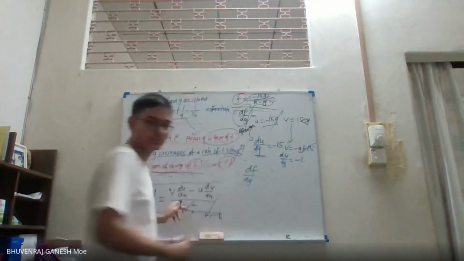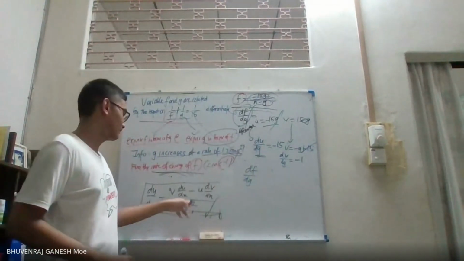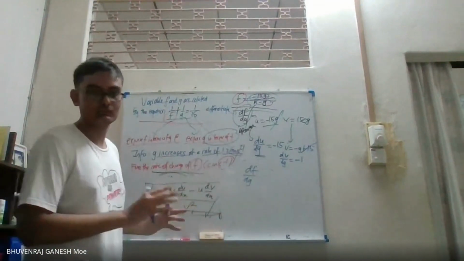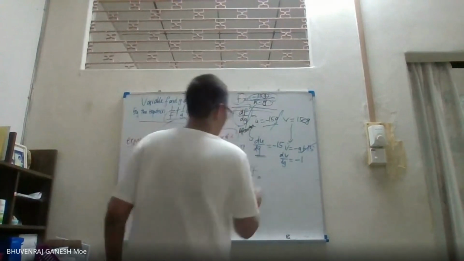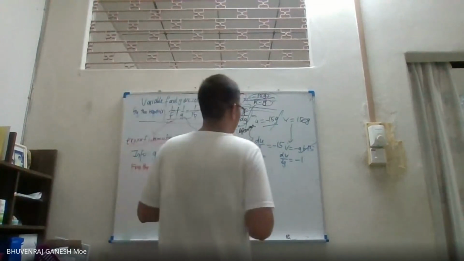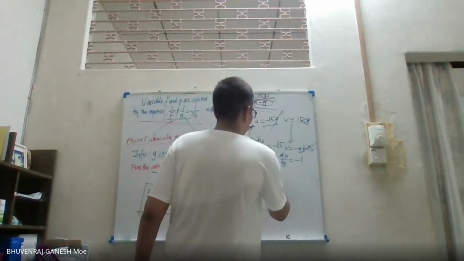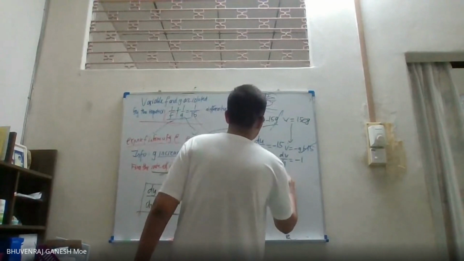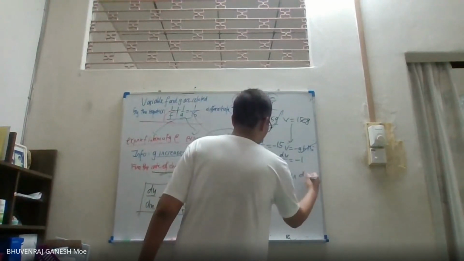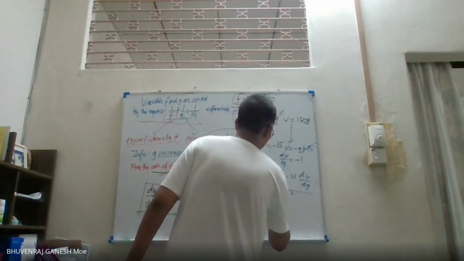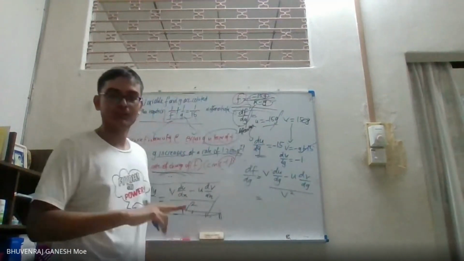You have to modify it a bit, because here I use y and x, here it is f and g. So you must differentiate. What you will get is v du over dg minus u dv over dg. They will always switch partners. Then over v squared. So you sub your values one by one inside.